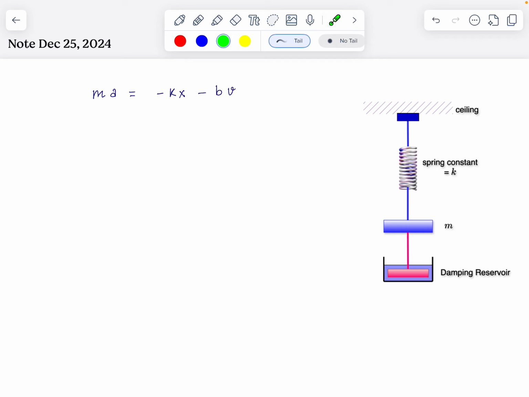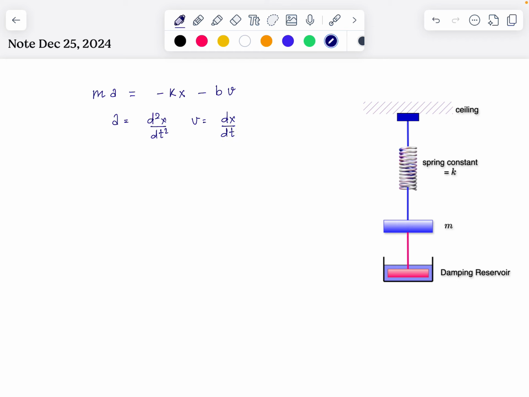So now what we can do here is write this using differential calculus. The acceleration here equals d2x by dt square, and v here is nothing but dx over dt.